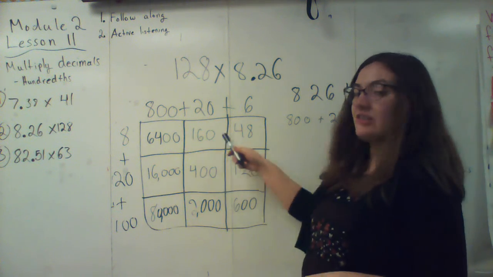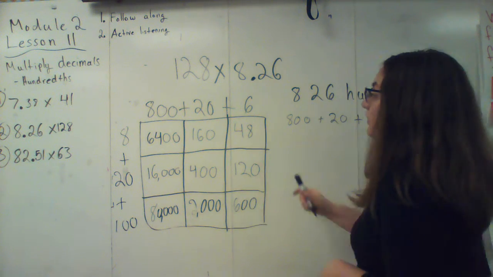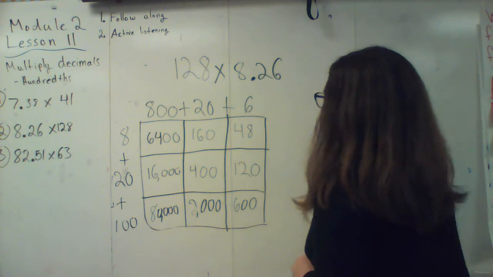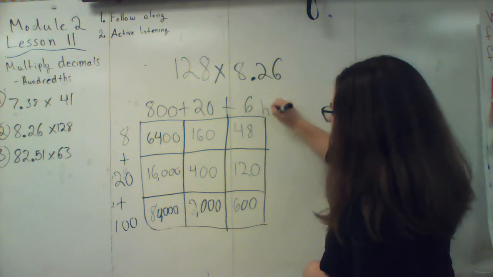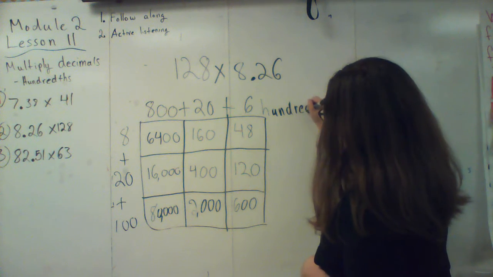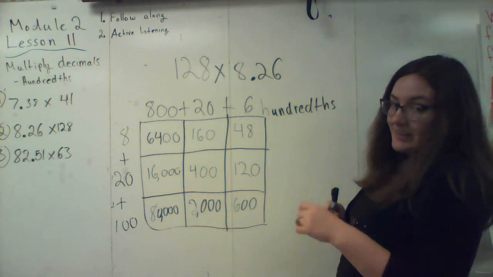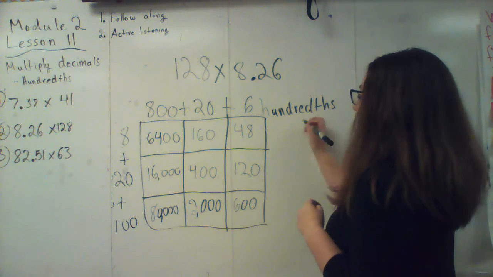I'm going to be setting up these 3 in a standard algorithm to figure out what that first partial product is. So let me erase this. And don't forget your units off to the side. This is hundredths. You don't want to forget that this is 826 hundredths, not just the number 826.